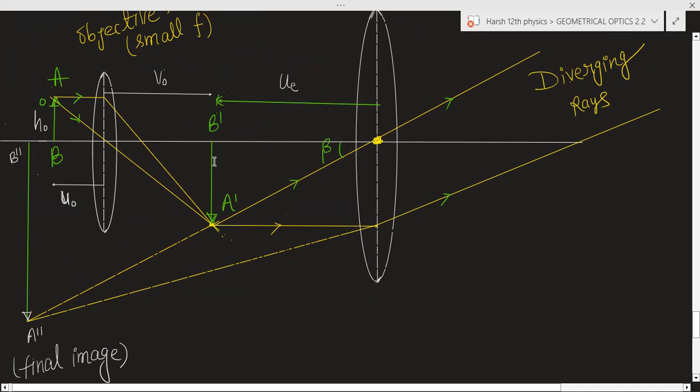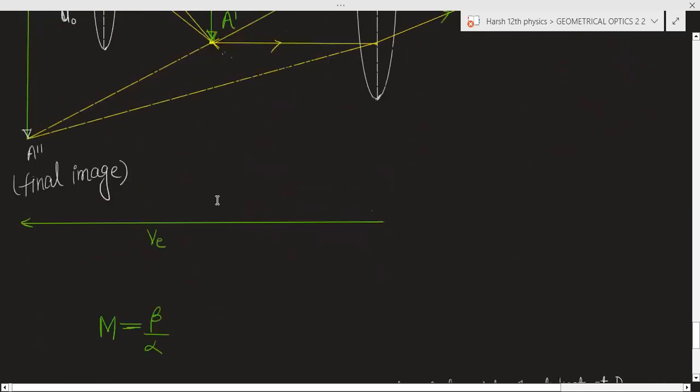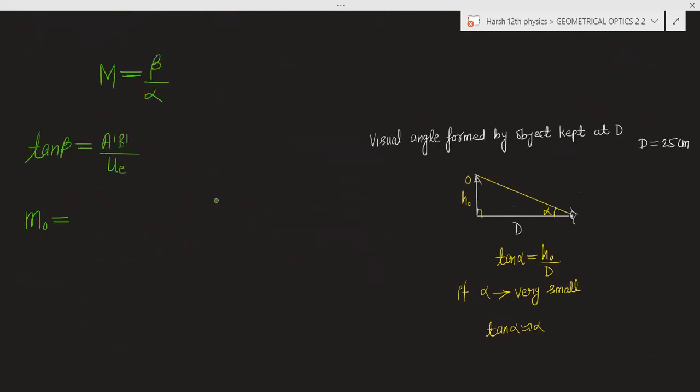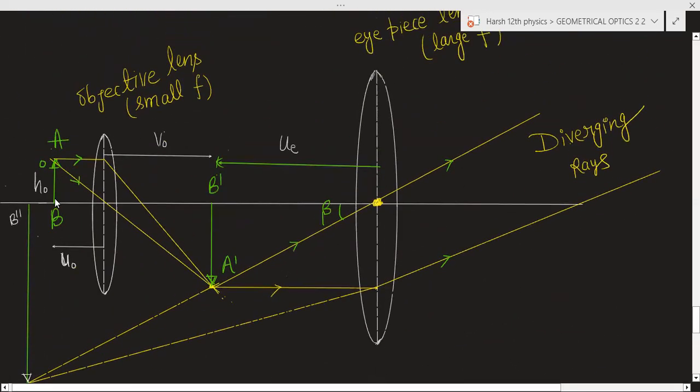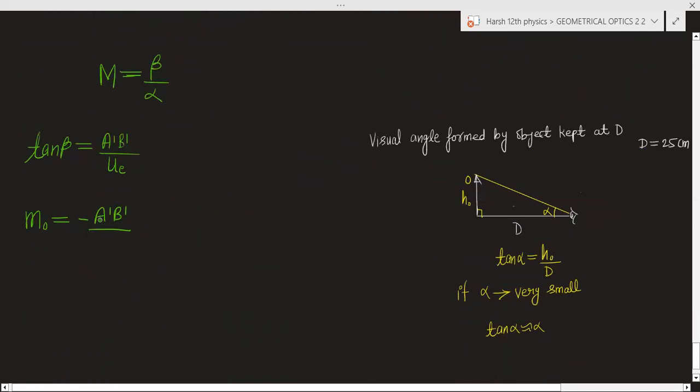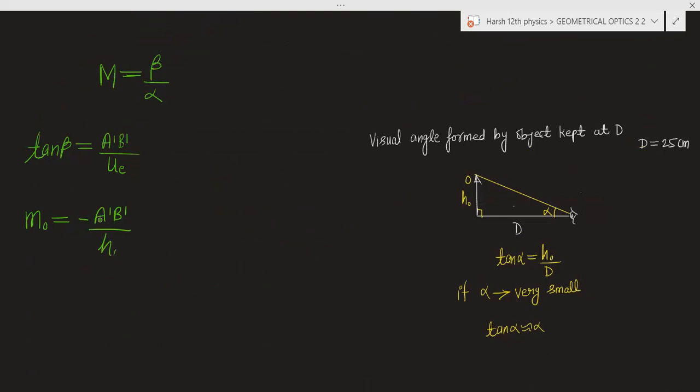Will you take it positive or negative? Negative, since it is below the axis and real. So you will write minus A dash B dash, divided by the object height HO, which will be positive.